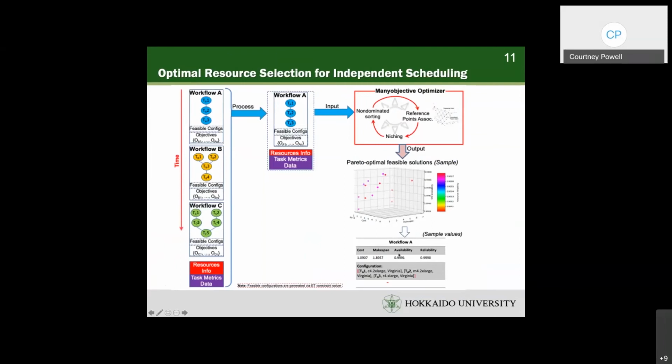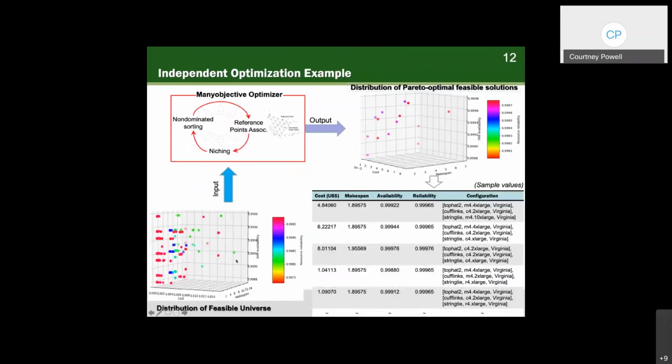So for example, we have our distributed feasible universe for the previous workflow. This is our Pareto optimal feasible solutions. And these are a few examples of the actual configurations and objective values.